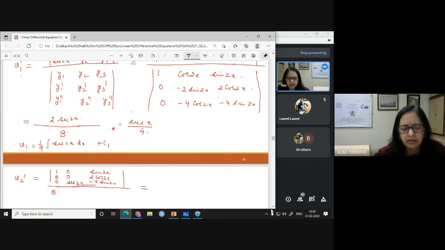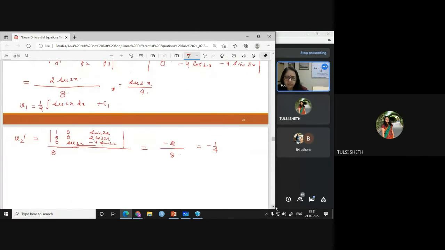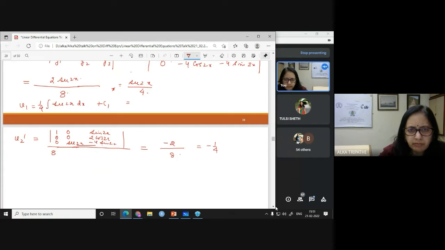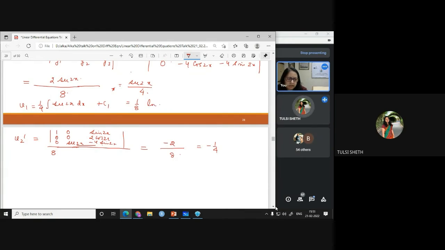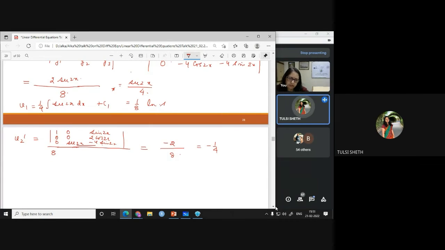When you simplify, how much will you get? Minus 2, I think. Yes, ma'am, minus 2. So v2 dash is minus 1/4 and v1 is 1 by 8 log of mod sec 2x plus tan 2x, plus c1.